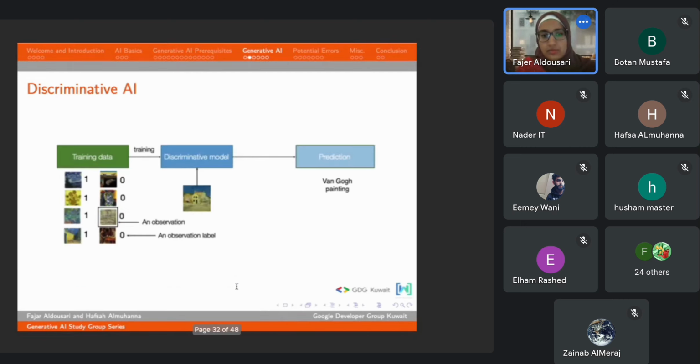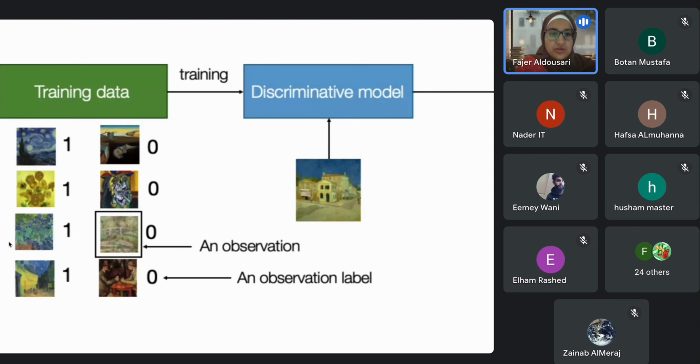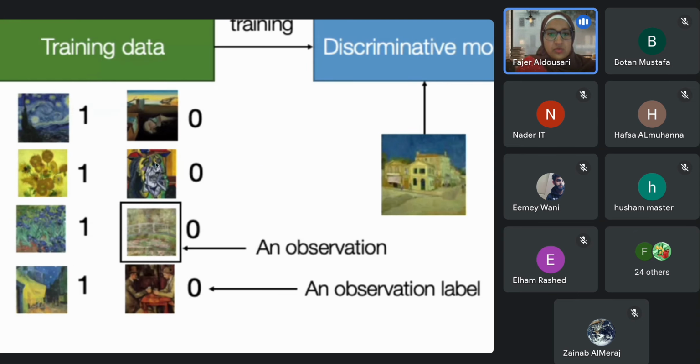Okay. So this is how a general discriminative AI model would work. This would be our training data, and those are the labels, in the form of zeros and ones. One would be the label of a painting that's a Van Gogh painting. So here, all of them are Van Gogh paintings, therefore they're one, right?